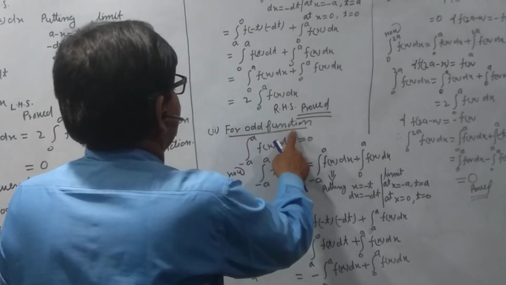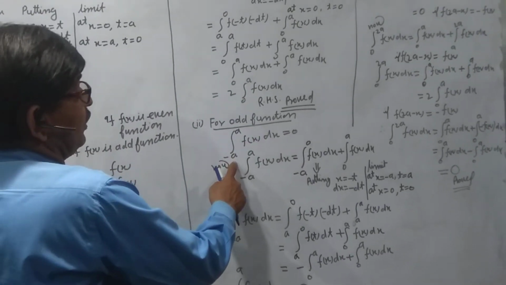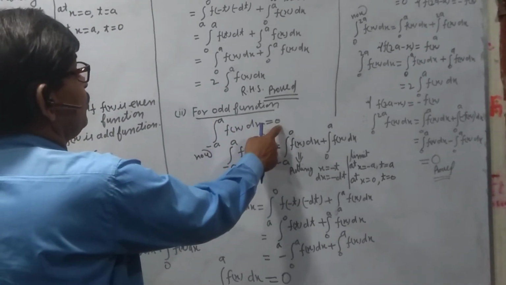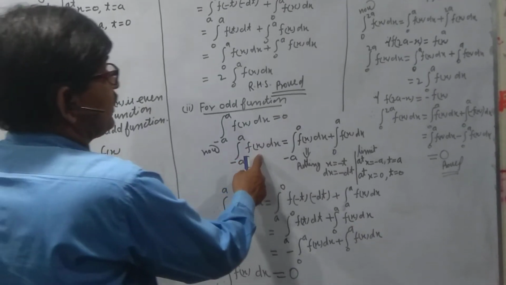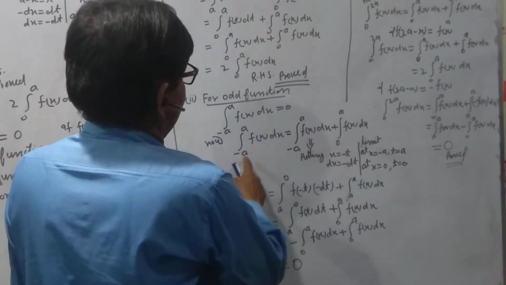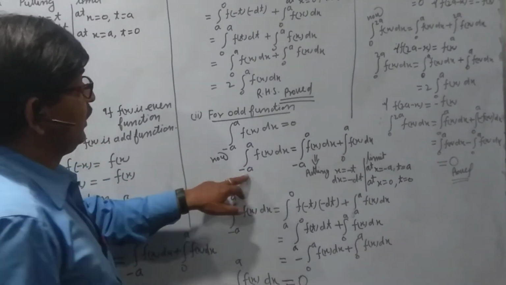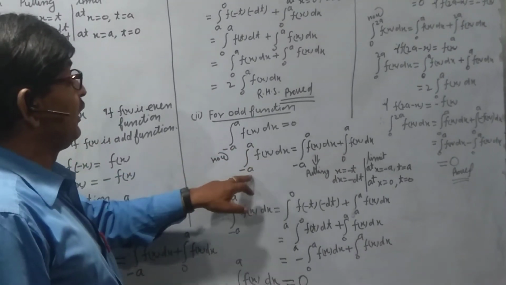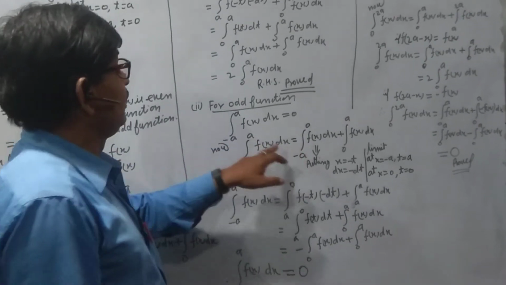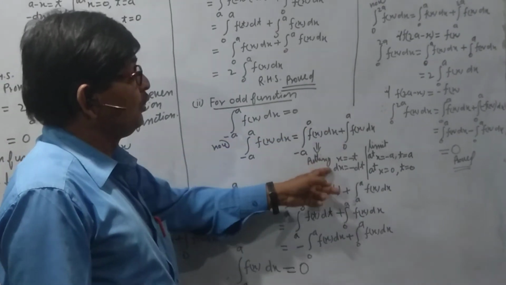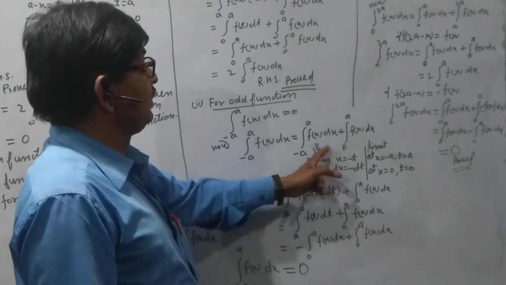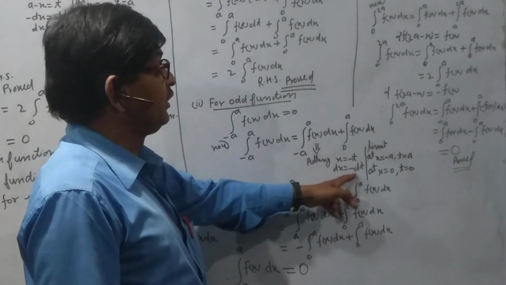Now for an odd function, the integral from minus a to a of f(x) dx equals 0. In this case, we break the limit into two parts: minus a to 0 and 0 to a. Putting x equal to minus t, dx equals minus dt.